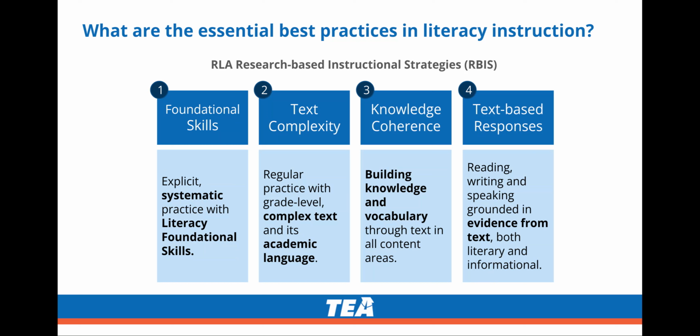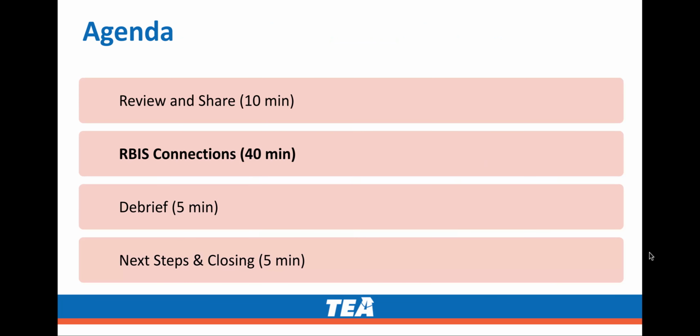So all content areas, building background so that they can comprehend texts to a deeper level. Last, text-based responses. So gone are the days when we see prompts that require no text. We really need to ensure that your question requires students to go back in the text and provide evidence for both literary and informational.